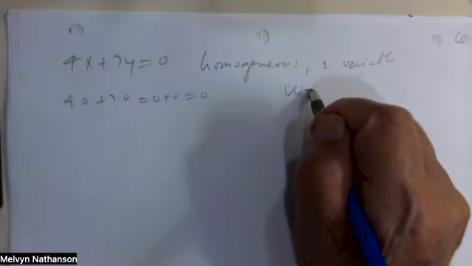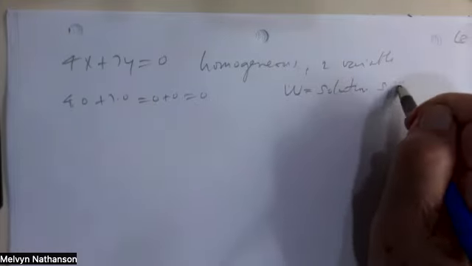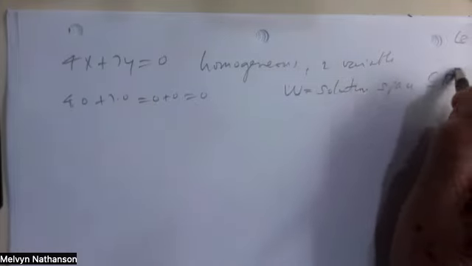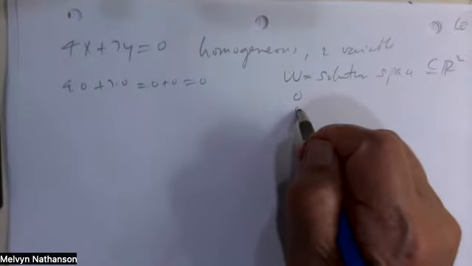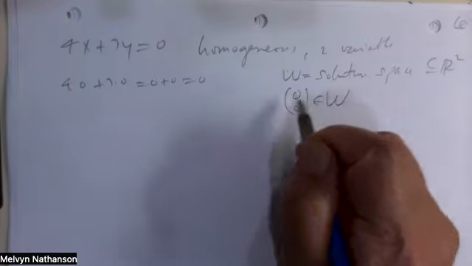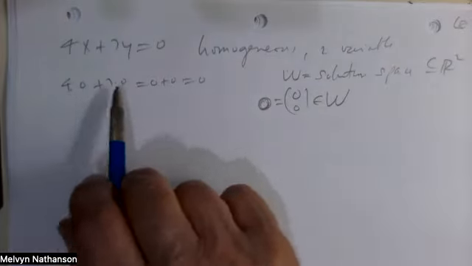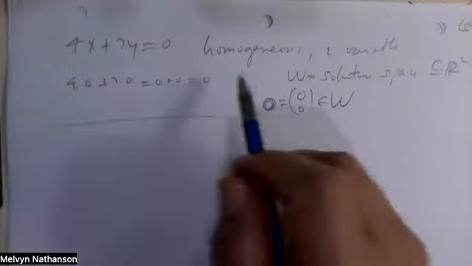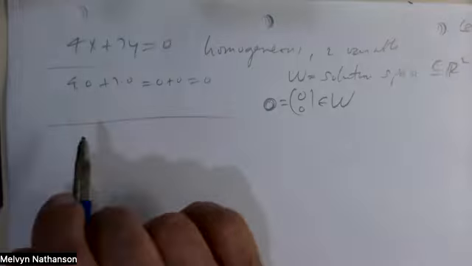So suppose I let W be the solution space, which is in R2. So this says that the vector 0, 0 is in W, the 0 vector, because x equals 0, y equals 0 gives a solution. Let's see, what's another solution?